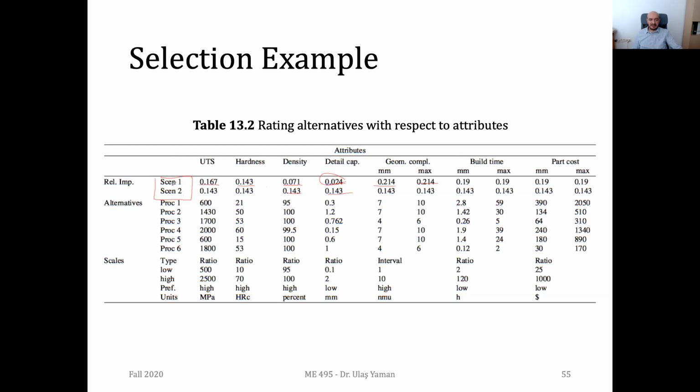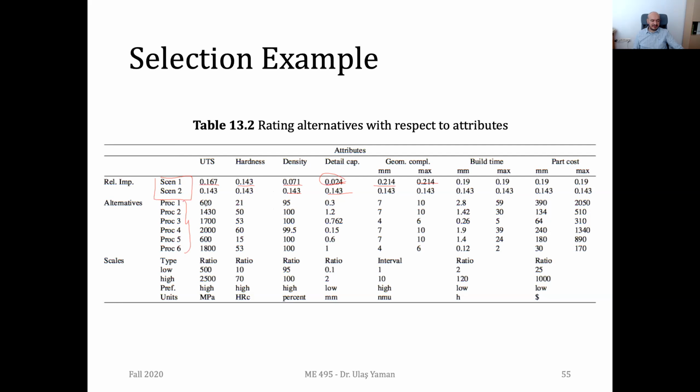That's why there are 2 different scenarios, and we are going to do some multiplication and summation, and then come up with some values for each process. By looking at the scores they got, you can simply decide whether one of them can be used, or maybe we can select 2 of them and go on with other details.